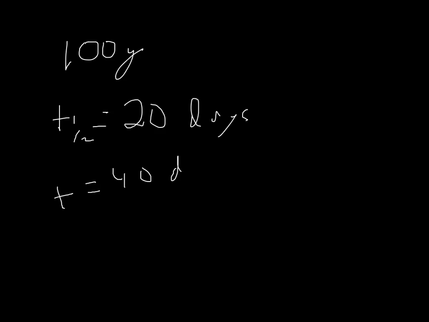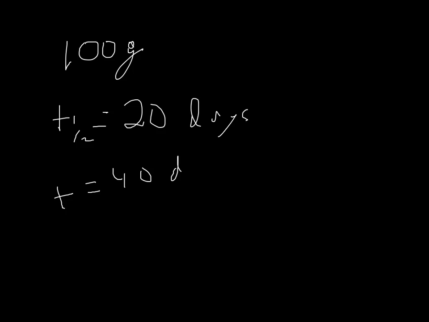So this is just a simple example problem. If I told you I had 100 grams of a certain substance, and told you the half-life of this substance was 20 days, and that 40 days had passed, and I asked you how much of the original substance remained, you would probably do it pretty easily.